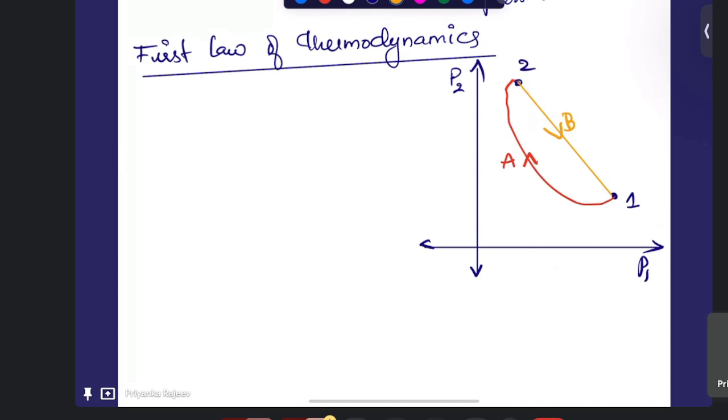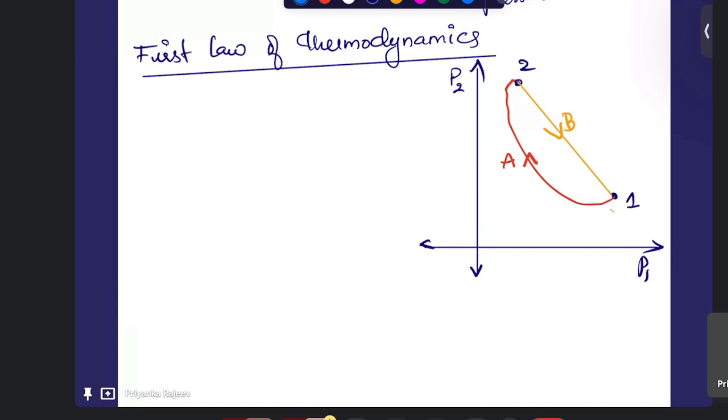So from 1 to 2, there's a state change that has happened through the process A, and it can be retained back to state 1 through path B, or again you can retrace it back through path A itself.